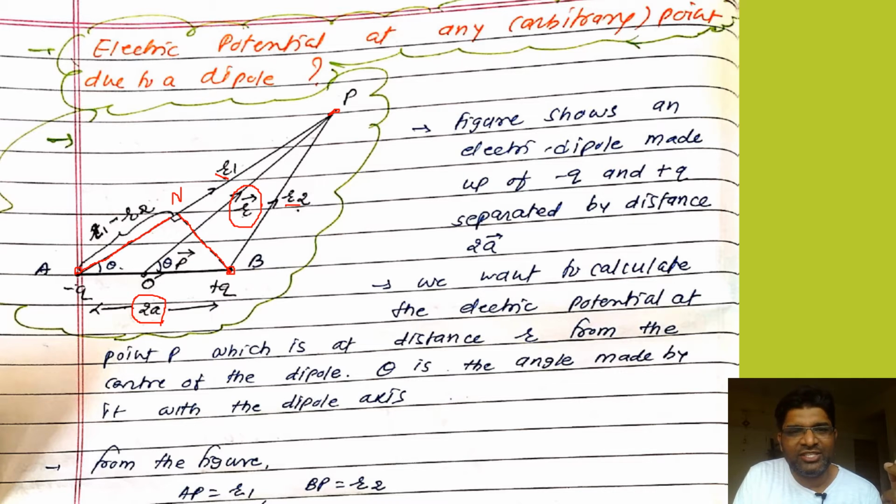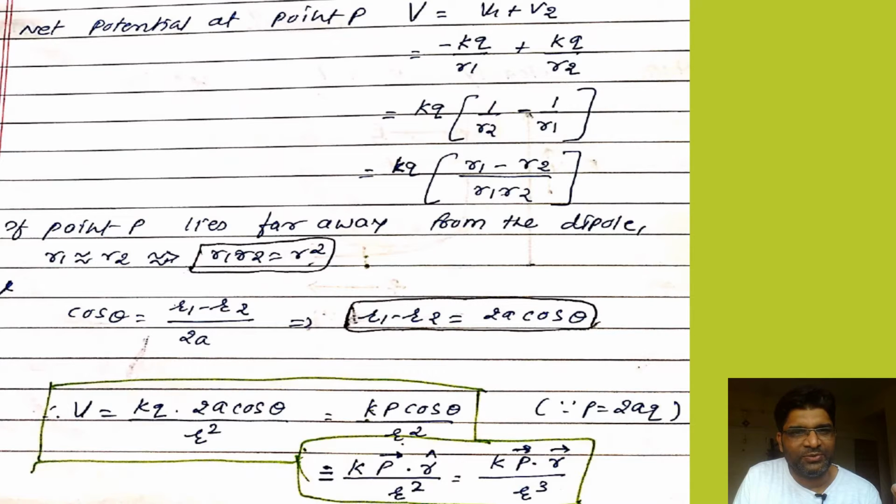What will be the potential? Just add the two potentials, due to minus Q and due to plus Q. So the net potential at P, call it V1 and V2. V1 is the potential due to minus Q with a negative sign, and V2 is the potential due to plus Q with a positive sign. Now take K common, Q common.